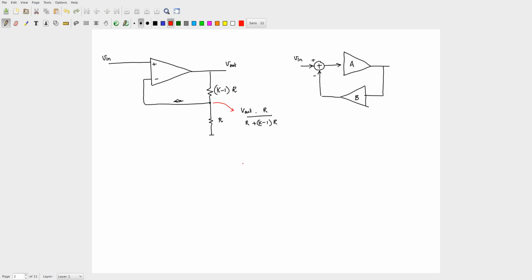That's the voltage which is being fed back into the negative terminal of the amplifier, and this whole quantity itself is nothing but V out by k. And if you look here, what is the element which is fed back into the negative terminal?